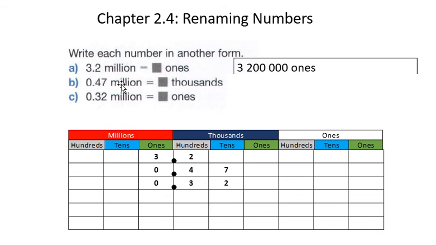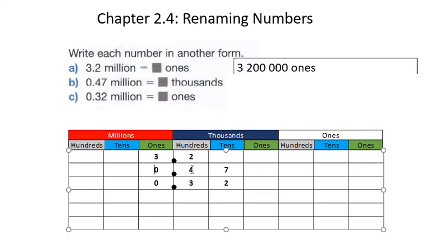For 0.47 million, which I've written for B right here in the middle, this one's very similar, but a little bit different. This is still saying 0.47 millions, so a bit less than half of 1 million. And I've labeled that right here, 0.47 millions, less than 1 million.